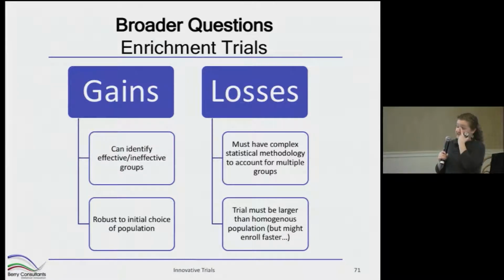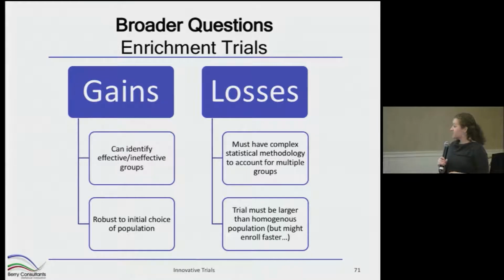One of the downsides is that we do have some more complicated statistical methodology to account for the fact that we've got multiple groups, and multiple chances to win. So we have to account for that. But one of the big gains is that this is robust. Because we're looking at a broader population, there's a better chance that we're going to ultimately end up with the right population instead of just guessing at the outset and potentially getting it wrong.